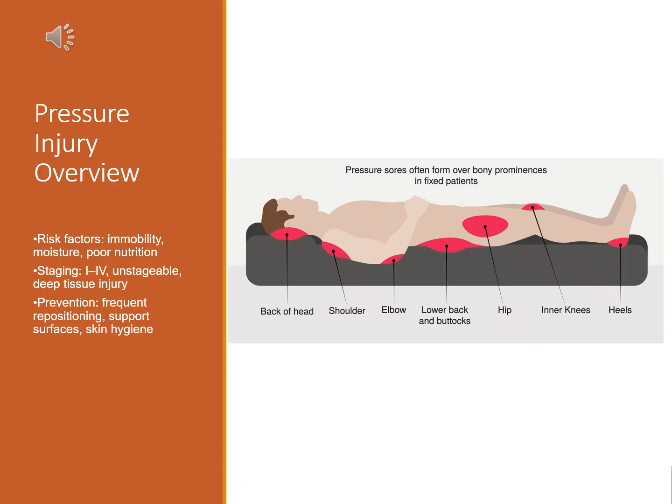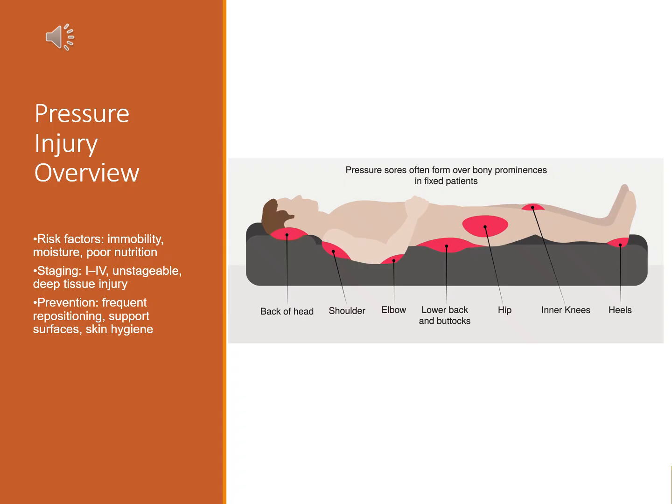Skin care is really important, so manage incontinence, make sure their skin is clean and dry, keep moisture off their skin, and use barrier creams. Nutrition-wise, make sure they get enough protein, vitamin C, and zinc. This helps with wound repair and with cell creation to replenish the skin.